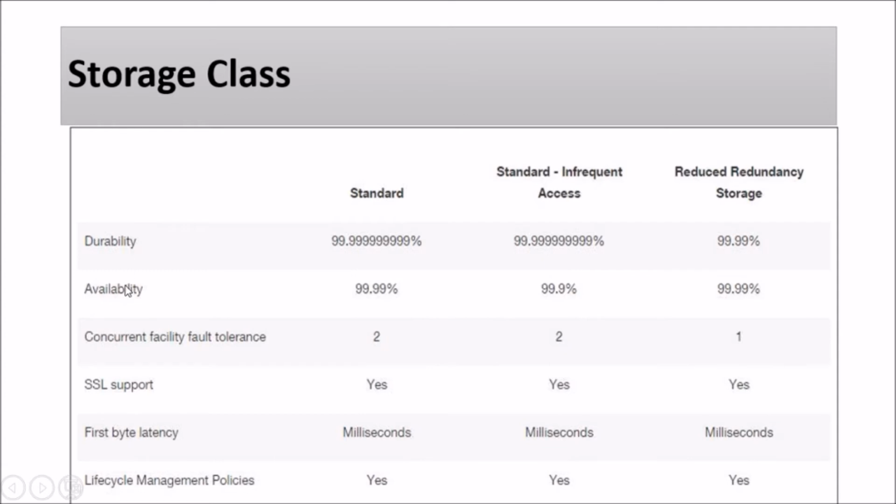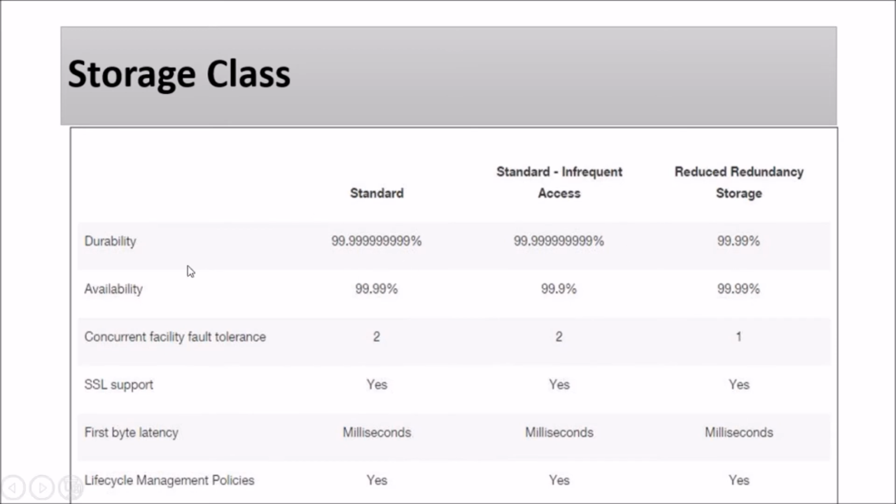Standard has 99.99 followed by nine times 9, so together it is 11 nines. It is easy to remember that the standard storage class has 11 nines durability, and so does standard infrequent access, but reduced redundancy storage has 4 nines durability.